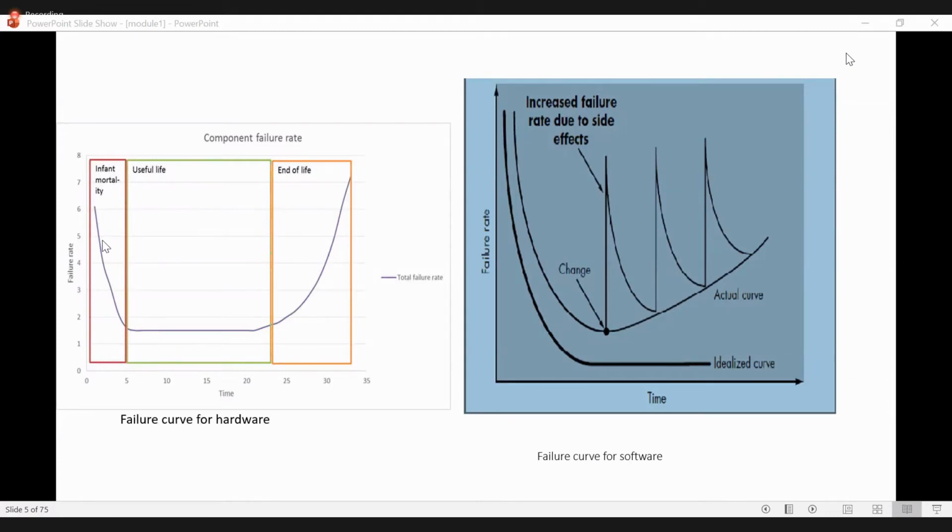The infant mortality: once you develop a hardware, initially there is a chance of failure, and that is very high. But once it stabilizes, you can see it is almost stable for a period of time. The useful life is from here to here.